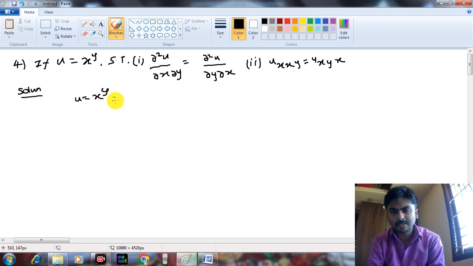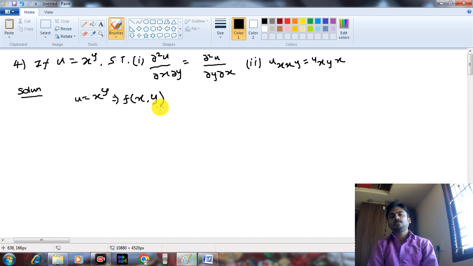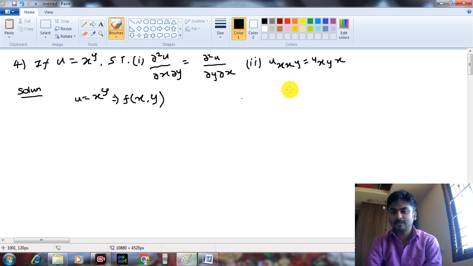So it is in the form of f of x comma y, a function of two variables. But is it possible to find ∂u/∂x and ∂u/∂y? In this format it is not possible, because in differentiation we have two scenarios.